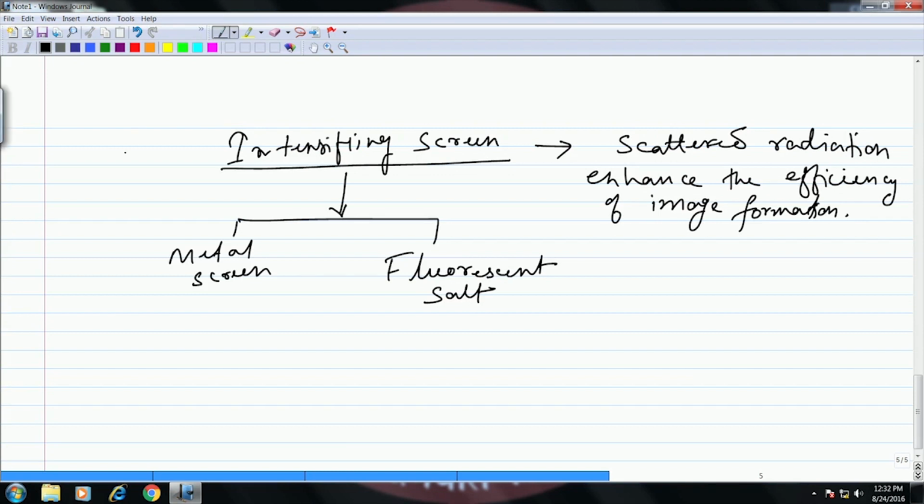After that we discussed image quality, and the parameters which control the image quality. With regard to those parameters we learned that certain parameters come from the X-ray source.